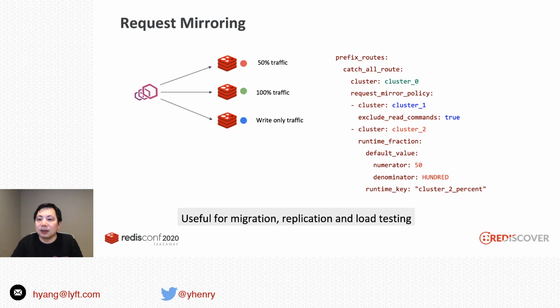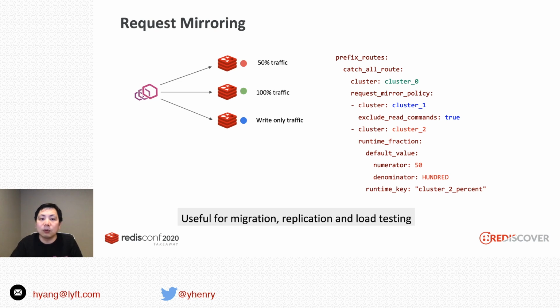In fact, one of the clusters can be just a ring hash cluster. Another one can be a Redis cluster. More importantly, each of the clusters and each of the Redis nodes are not aware of the replica in this case, or the cluster that they are being mirrored to.